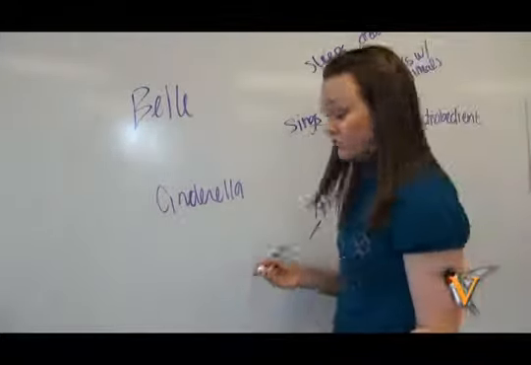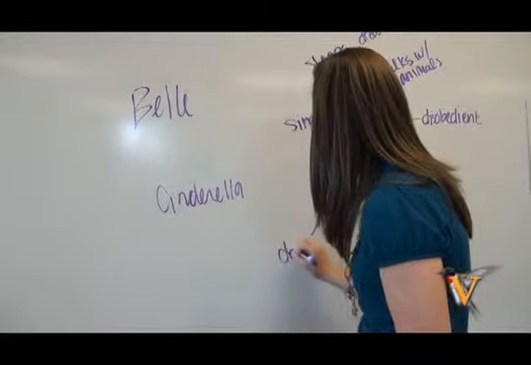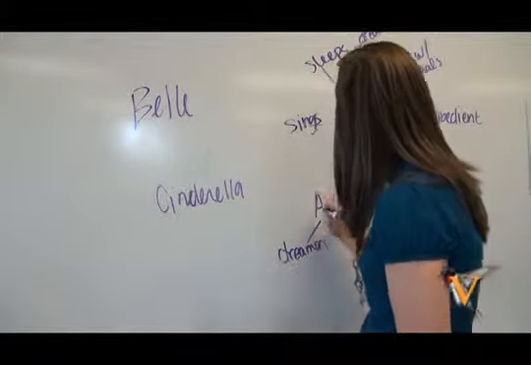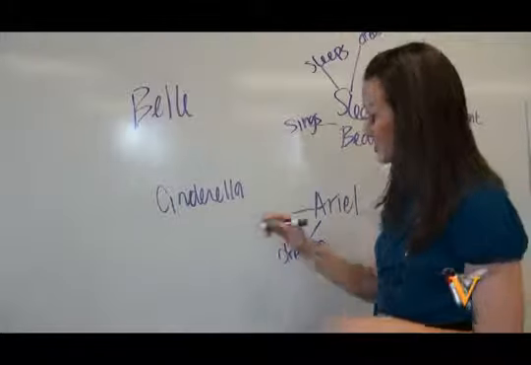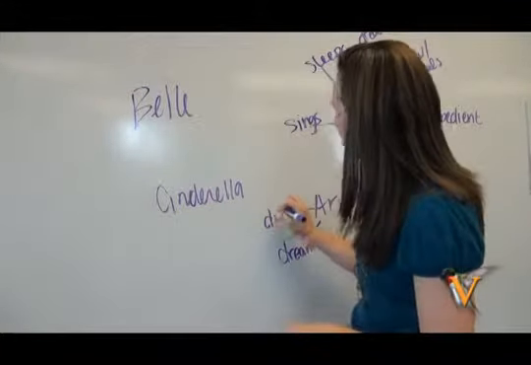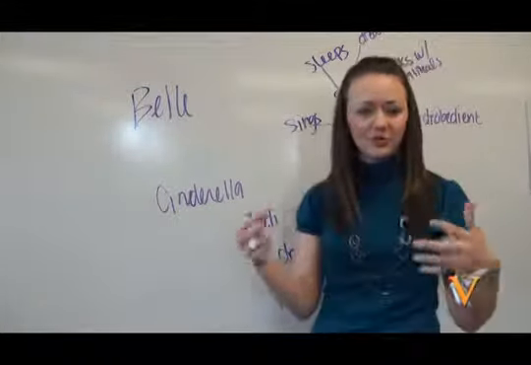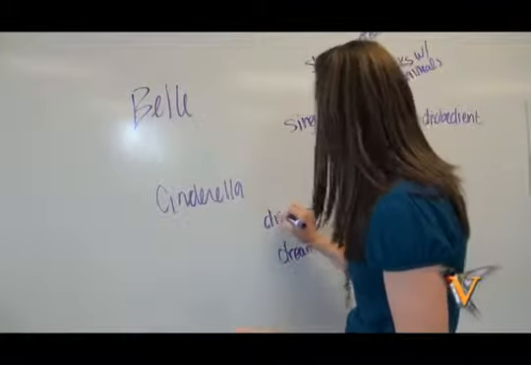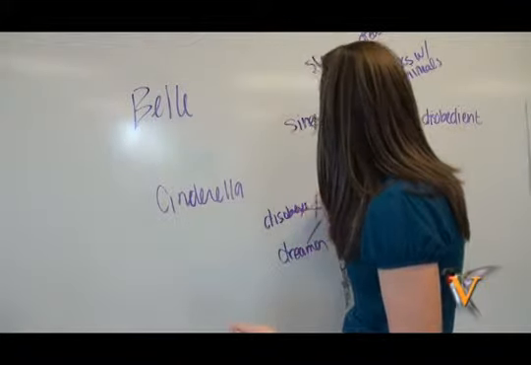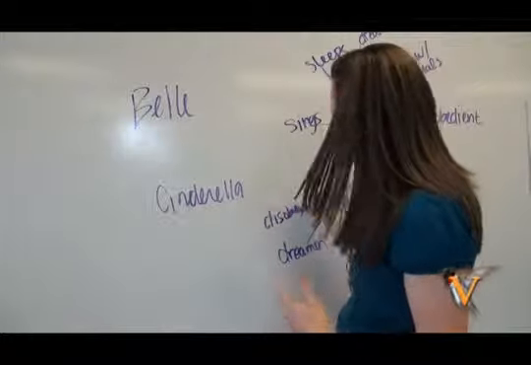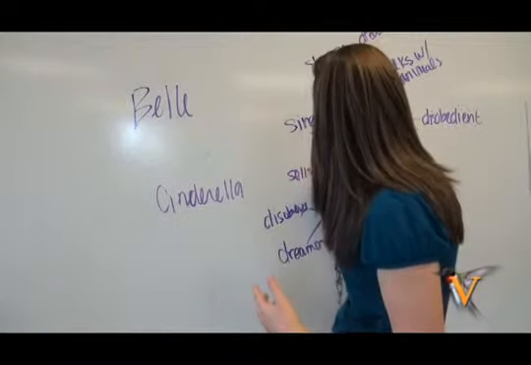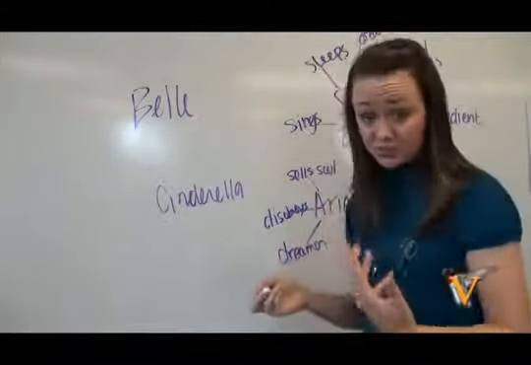Ariel is another dreamer. She has a lot of big ambitions for herself. And she's another one that's definitely disobedient because her father has told her not to go up to shore where the humans can see her, but she does it anyway. She sells her soul to a sea witch so that she can go meet this prince.